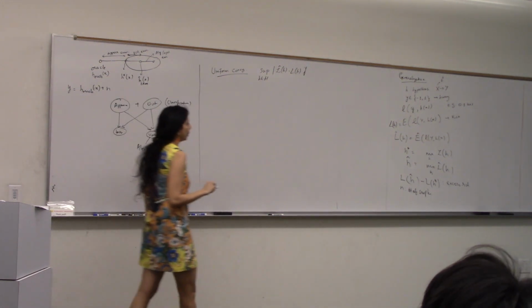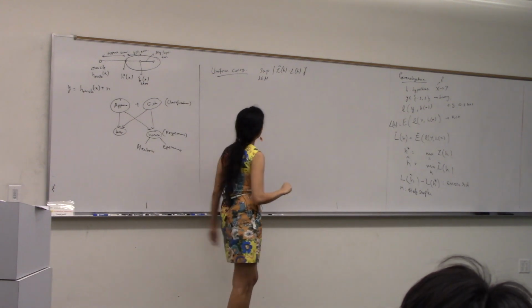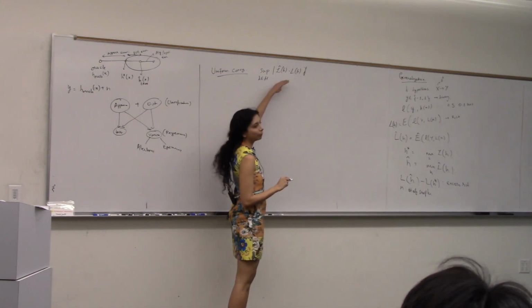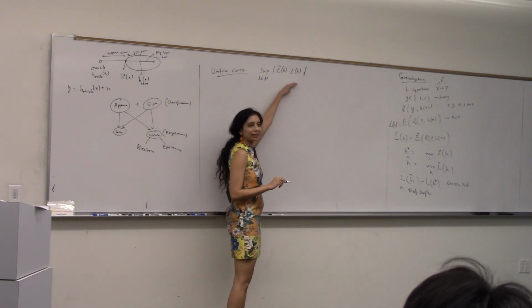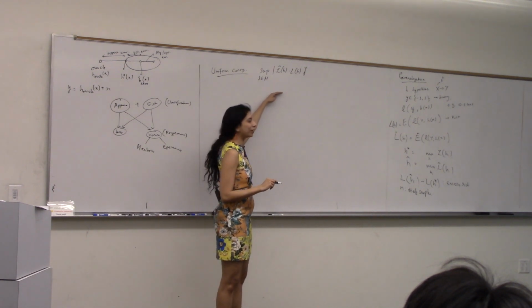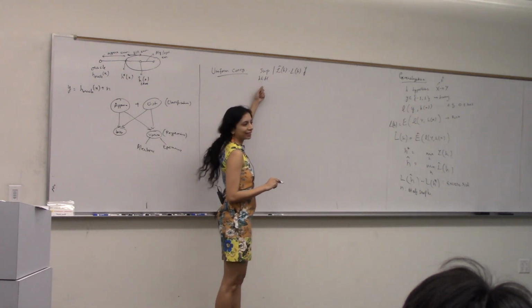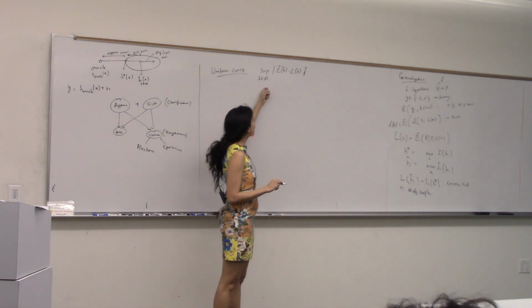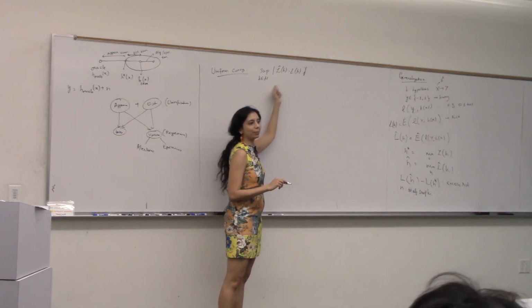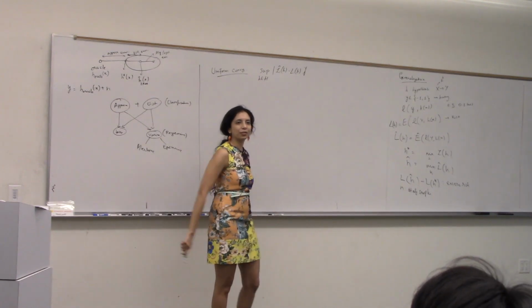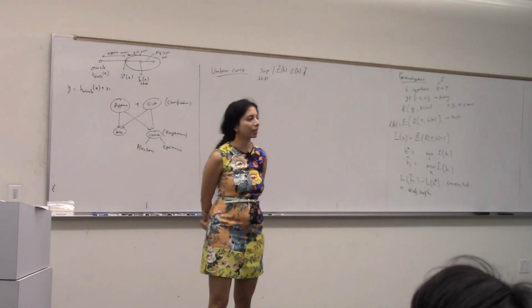So I'll upper bound the excess risk based on this quantity. And this is called uniform convergence because now I demand that every hypothesis in my class has bounded concentration, like bounded deviation.